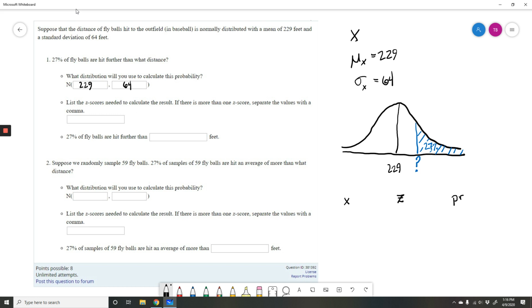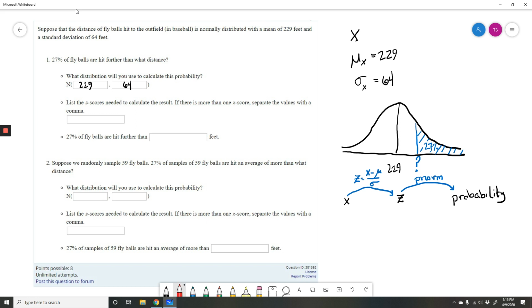So remember that when we're going between an x value and a probability, we always have to go to the z value first, right? So we could go this way using z equals x minus mu over sigma. And then we could go this way using the pnorm function in R. But in this case, we aren't given the x value.